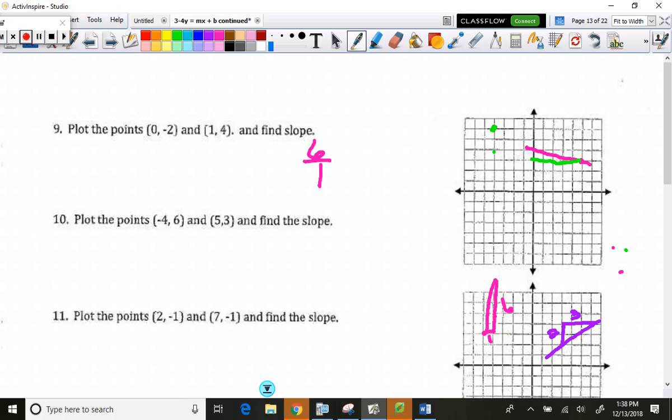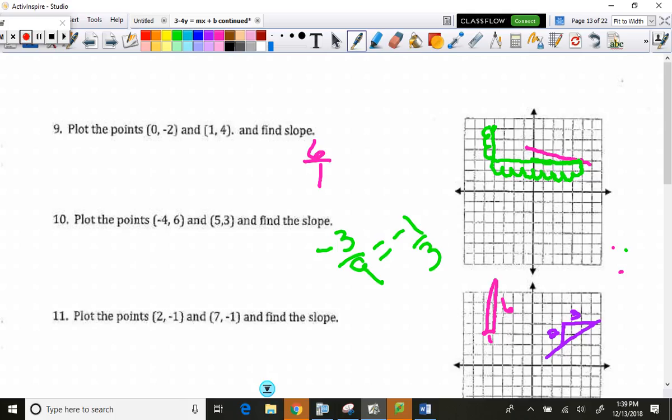So I'll go down 1, 2, 3, and over 9. Counting, so that's -3/9, which reduces to -1/3. Down 1, 2, 3, and right 9. 1, 2, 3, 4, 5, 6, 7, 8, 9.